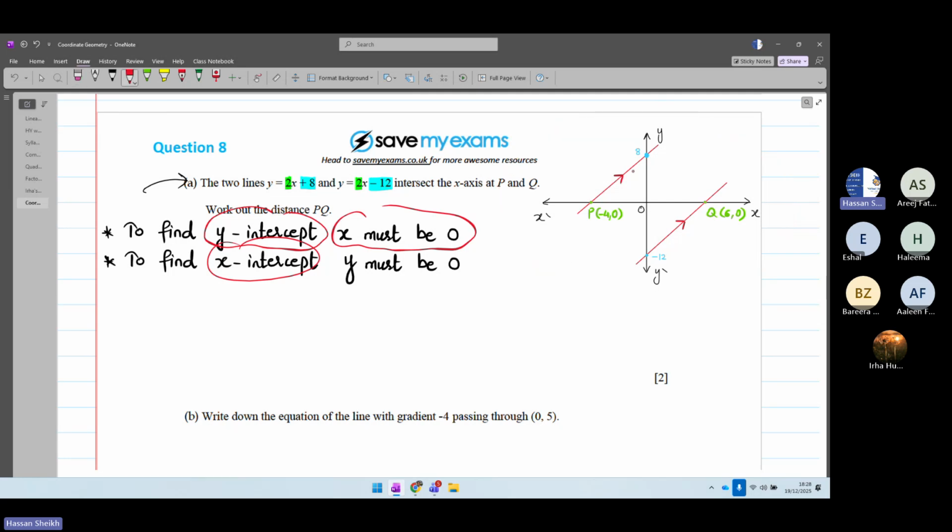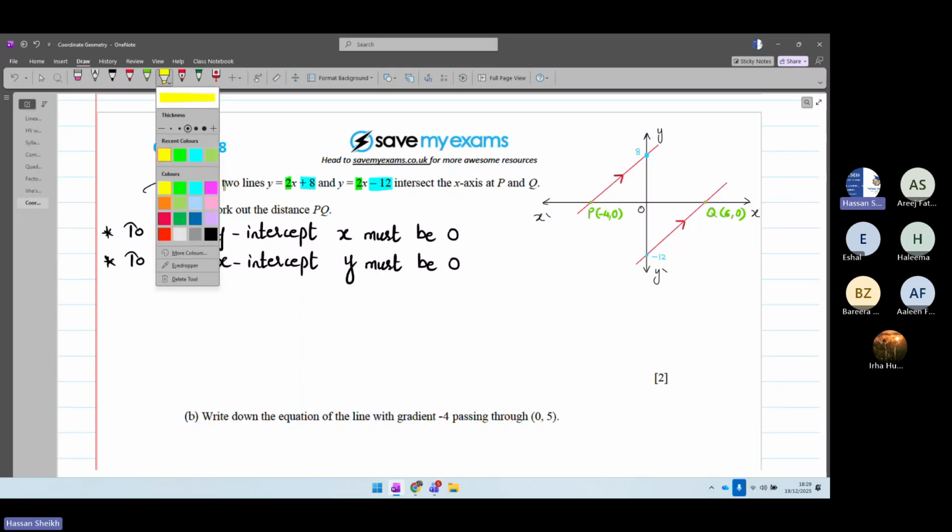So do you understand how I marked these 8, minus 12, minus 4 comma 0 and 6 comma 0? Obviously, by finding the x and y intercepts: we find the y-intercept by substituting the x value 0, and we find the x-intercept by substituting the y value 0. Got it? Now the question was a bit complex.